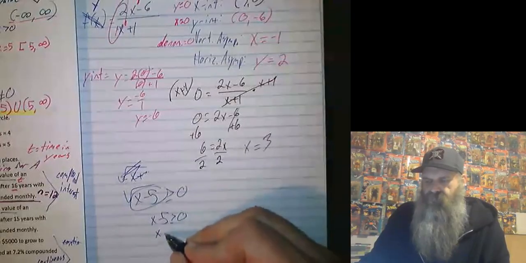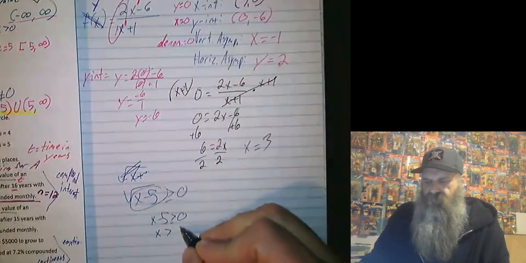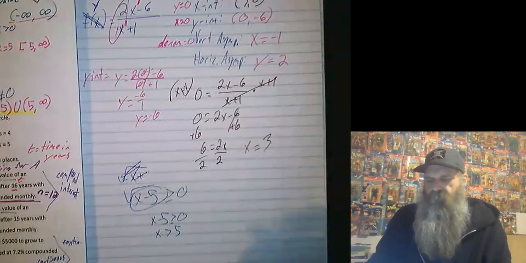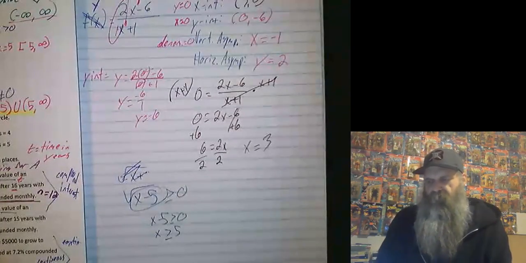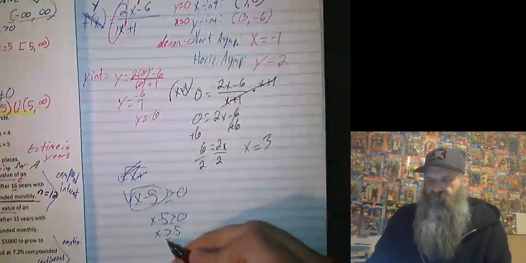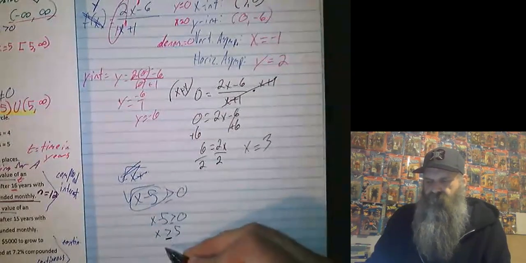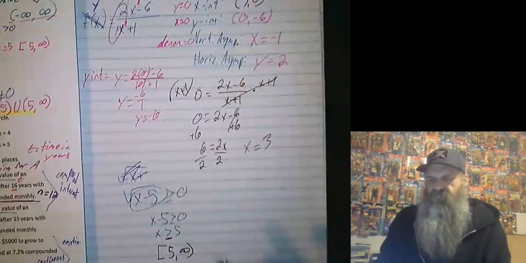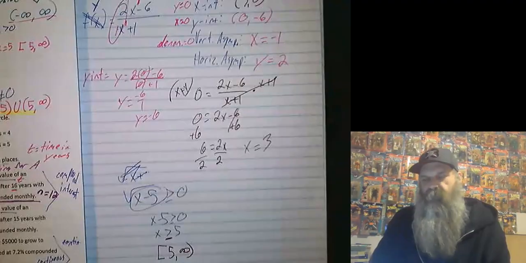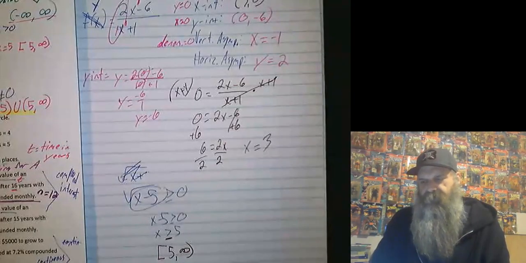So if you add 5 to both sides, then x is everything greater than or equal to 5. And the line under the symbol means that it needs to go from 5 to infinity. 5 to positive infinity.